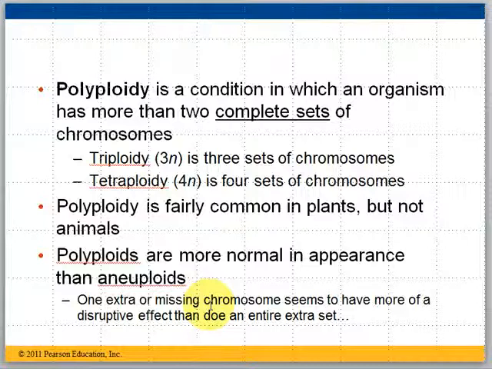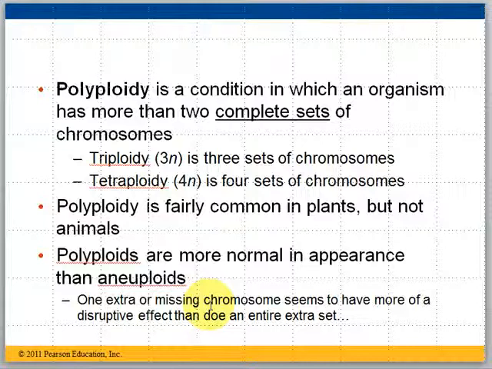This would almost always be an uncommon, perhaps lethal or detrimental situation in animals. But polyploidy is actually fairly common in plants. And it might sound unusual, but polyploids are usually more normal in appearance than aneuploids.